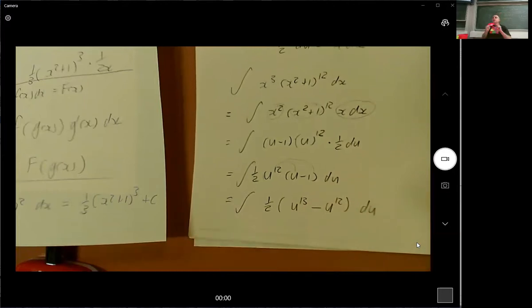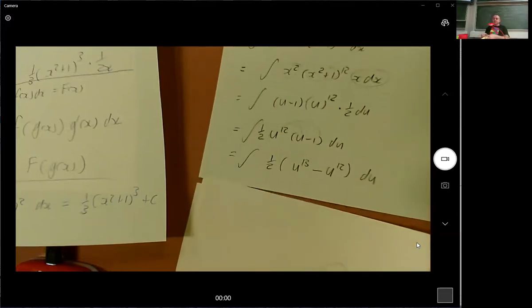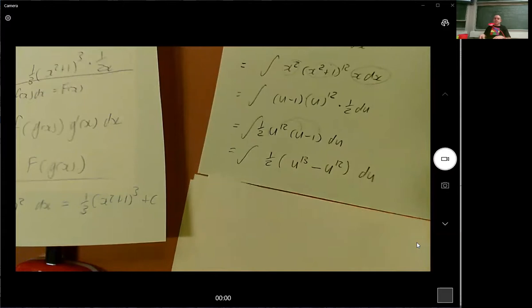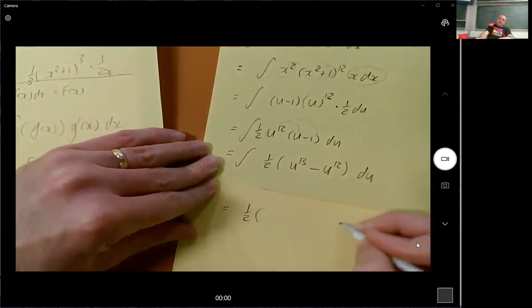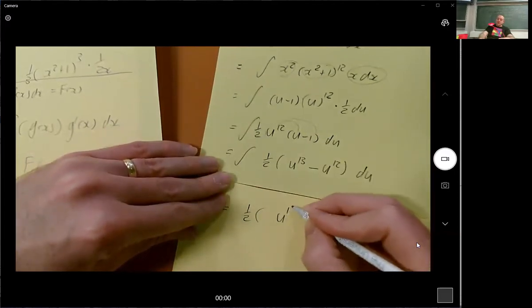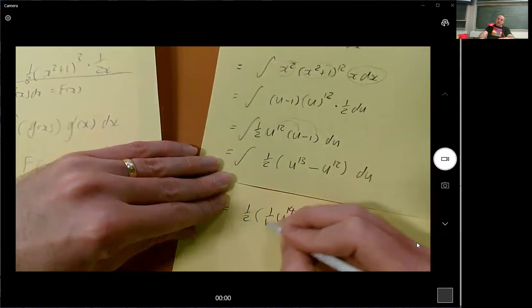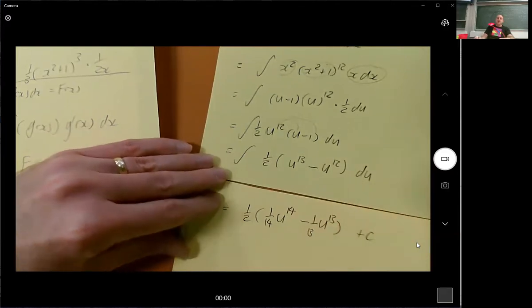And that integral, that I can do. So the half is multiplied on, so it will still be multiplied on afterwards. The u to the 13 will go up to the 14, I'll divide by the new exponent. This will go up to 13, I'll divide by the new exponent, and then there'll be a plus c.